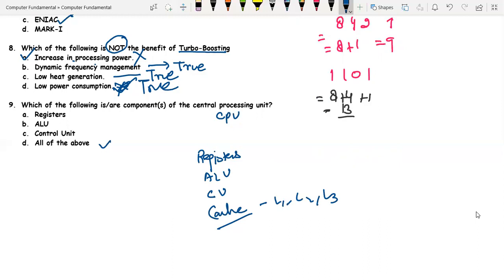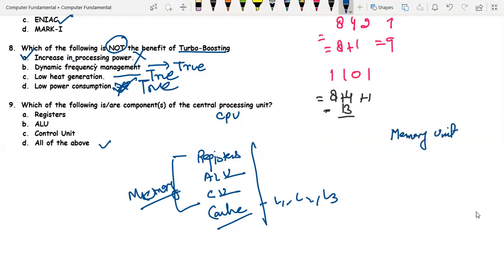When you open your task manager and go to the CPU section, you can see this information. Registers and cache, these two are the memory part, and one is the ALU and one is the control unit. These three things are the part of your CPU. First is the memory unit, which consists of your registers and cache memory.